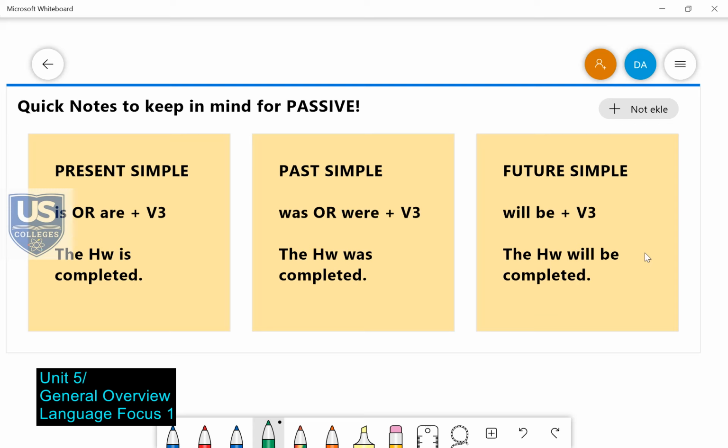As you see, right after the subject, the homework, you're supposed to use future will plus verb to be plus verb 3, which is the past participle form of the irregular verbs.